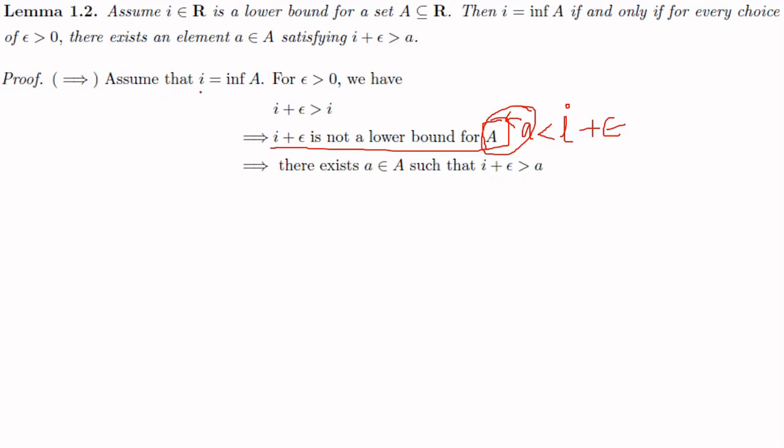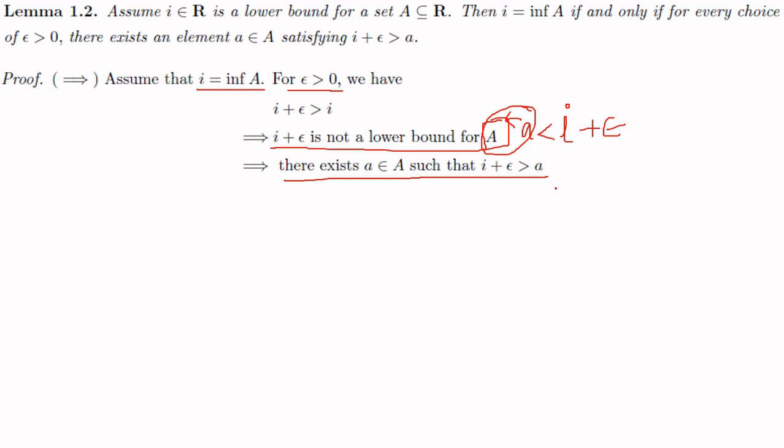So we have started by assuming that I is equal to infimum of A, and we have shown that for every epsilon greater than 0, there exists A in capital A such that I plus epsilon is greater than A. This completes the proof in the forward direction.